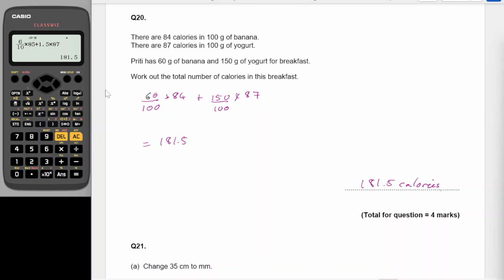And I've just spotted that I typed this in slightly wrong, didn't I? Should have been 84 there, not an 85. So that's right. So we're looking at 180.9 calories.